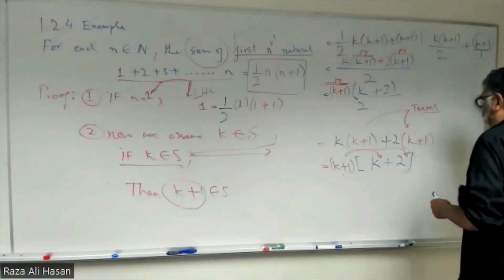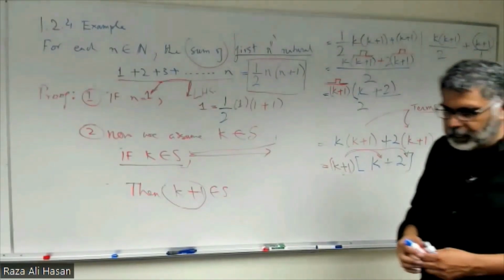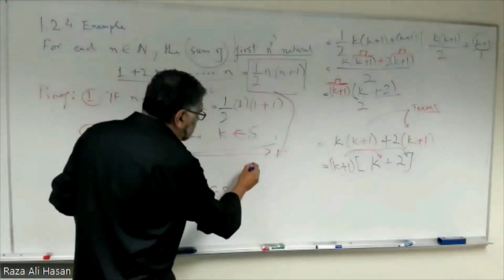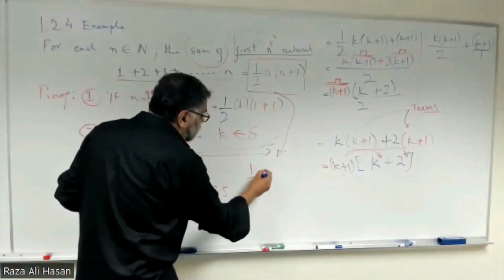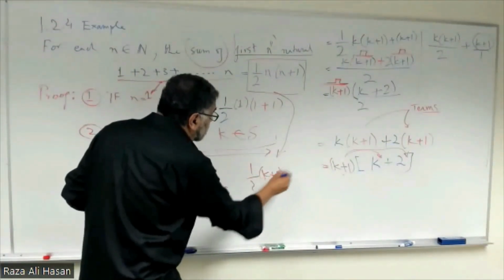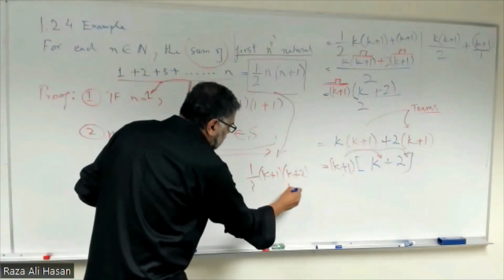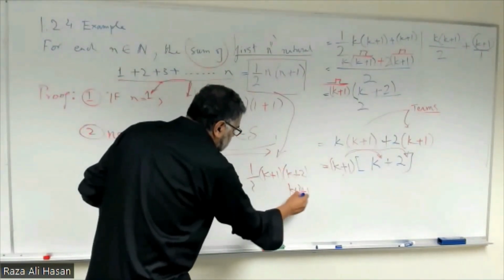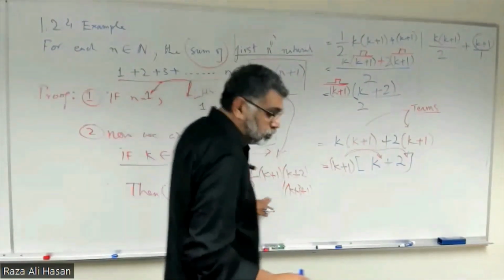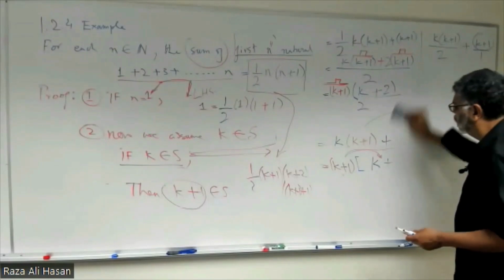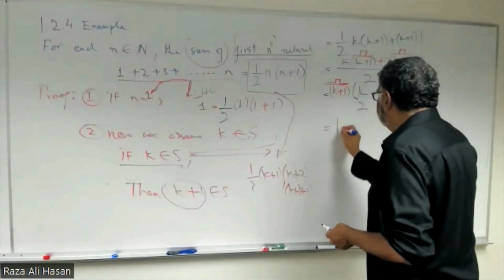Take that out. All right, so if we go back to the formula, right? Just to make sure, the formula should look like this. This formula, k plus 1 and k plus 2, right? As in k plus 1 plus 1. So now we just bring 1 over 2.